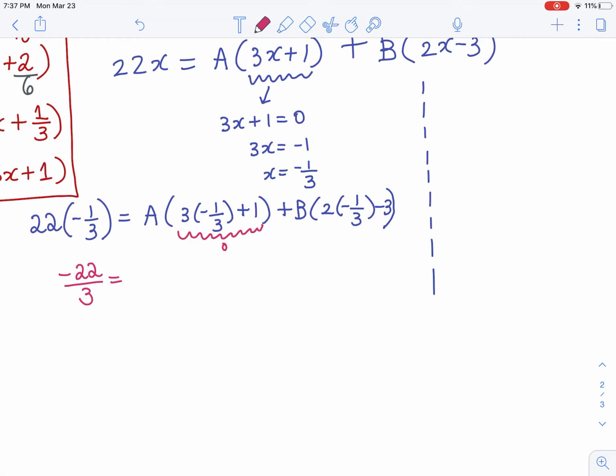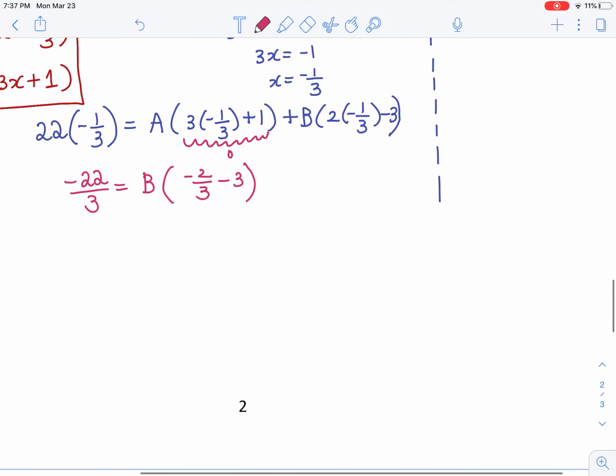So the A term is canceled out. So let me just focus on the B term here then. That's going to be B times negative 2/3 minus 3. So let me do some fraction work over here. Negative 22/3 equals B times negative 2/3 minus 9/3.